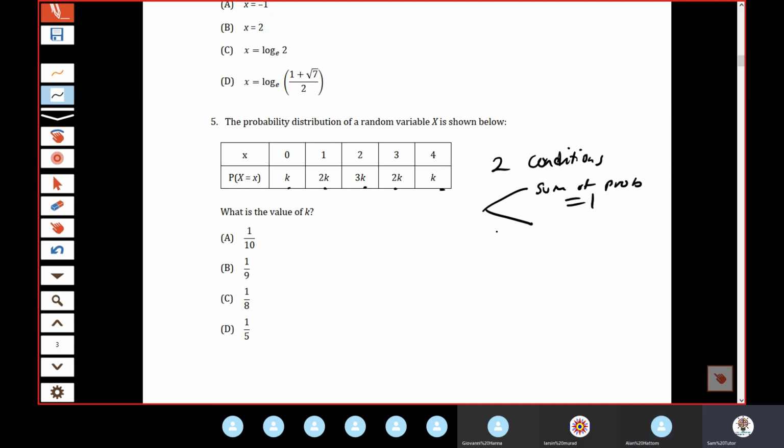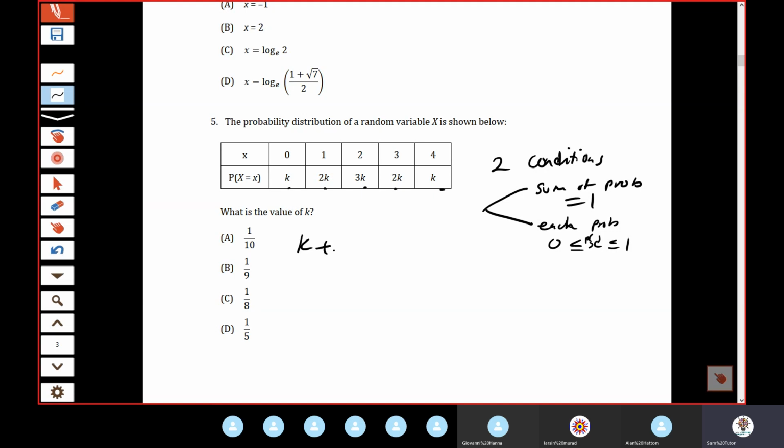It's basic stuff. And the second condition was each probability P of X must be between 0 and 1. The second one's not going to impact you, it's just the first one.